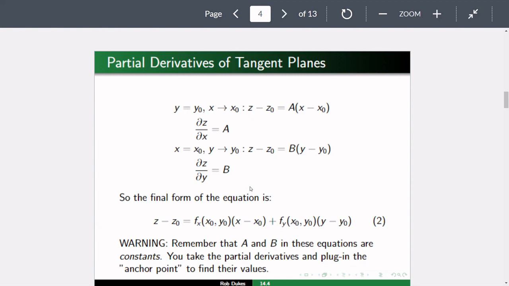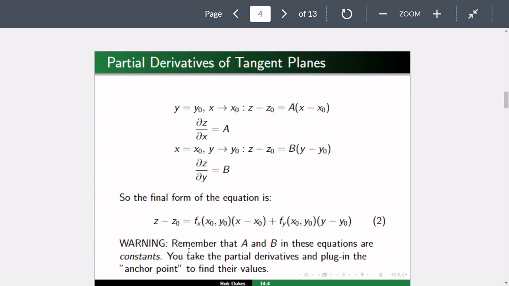And the same is true for the b. So what we're saying here is you take the derivative f sub x and you plug in the point, that's your coefficient for x minus x naught. And for y, you take the derivative with respect to y and plug in the anchor point, x naught, y naught, times y minus y naught. And that's your tangent plane.